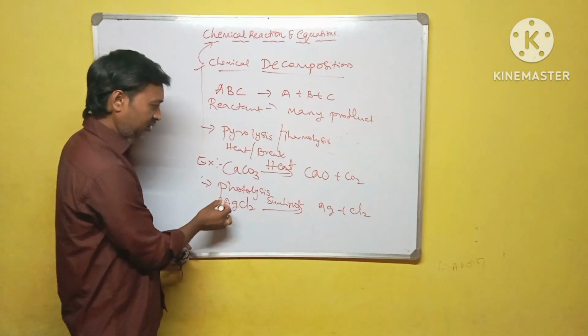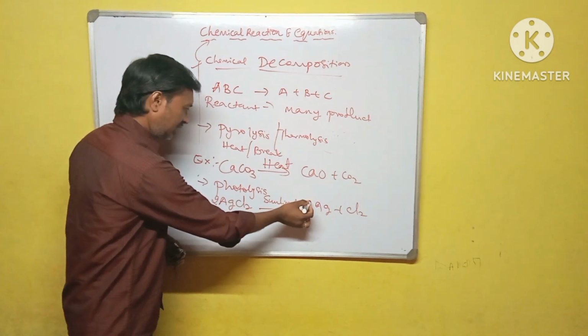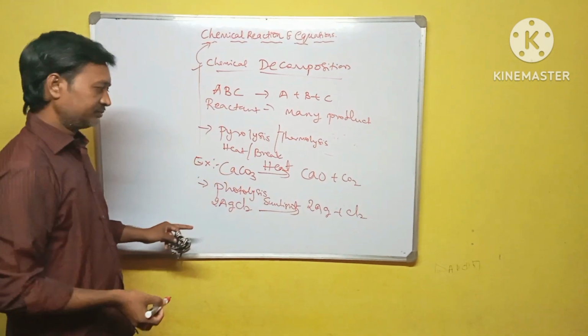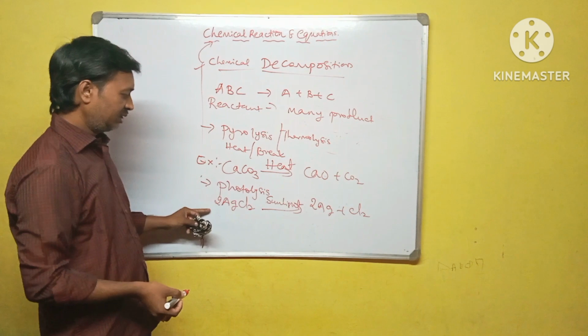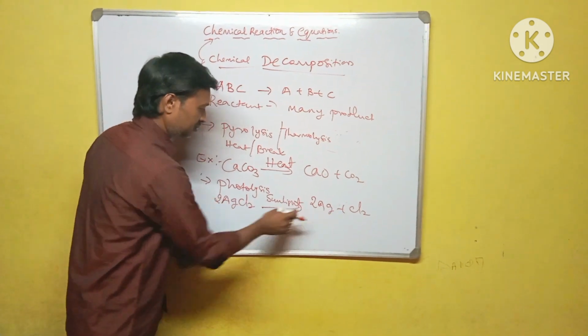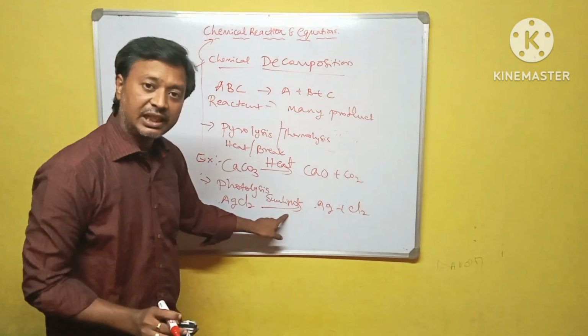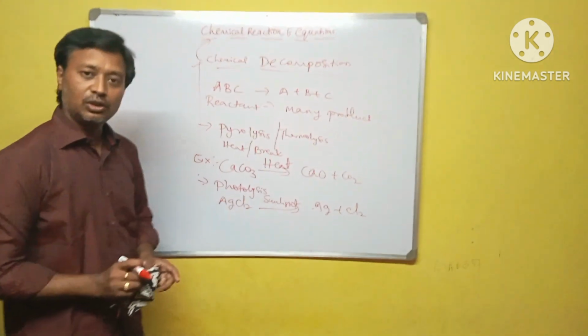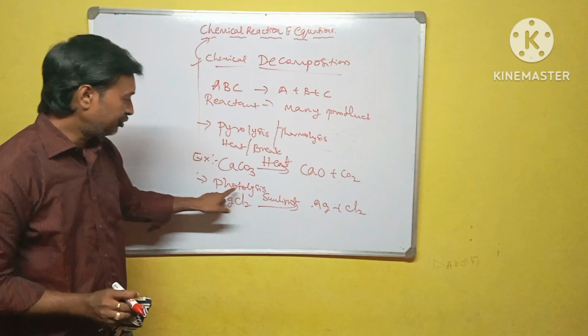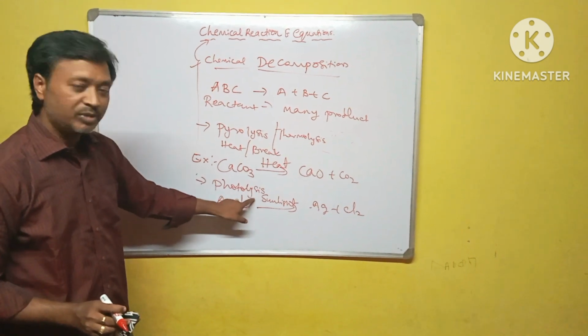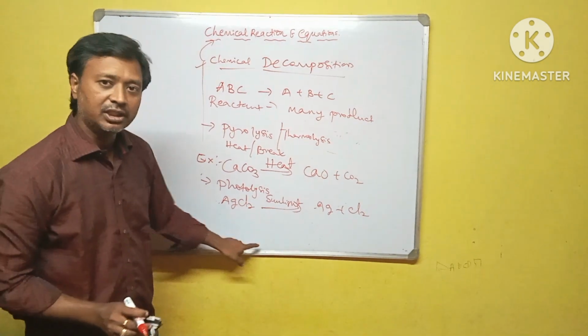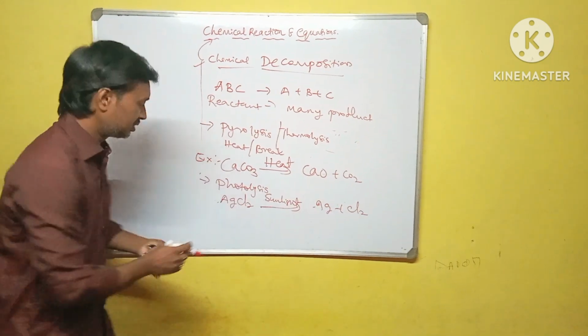Did you understand? Look at sunlight. Photo means light. Lysis means break. Using sunlight, it breaks into many pieces.